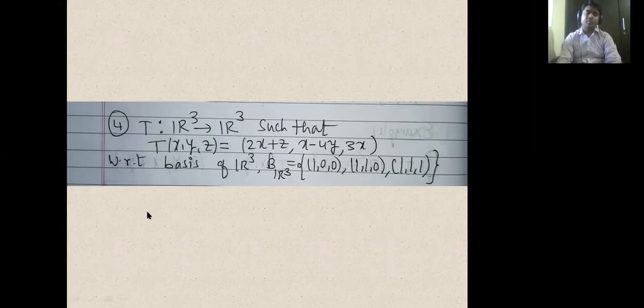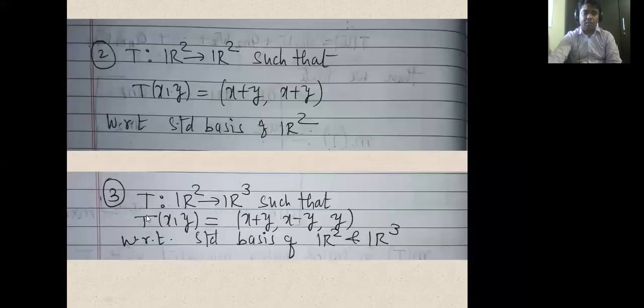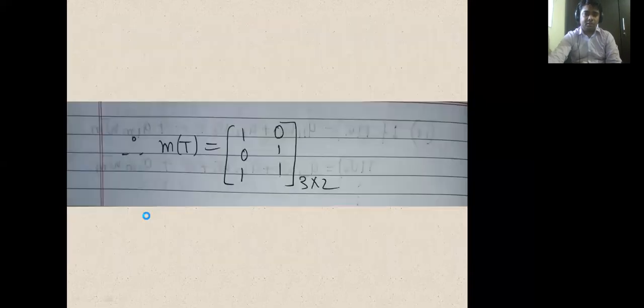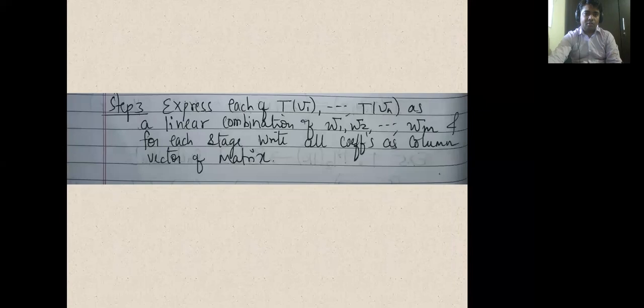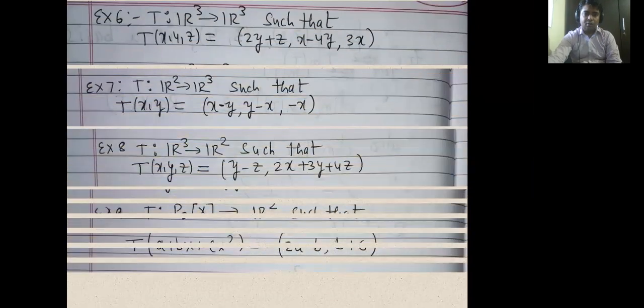And then further, since we know that every linear transformation has a matrix associated to it, we are going to see how to find that matrix.